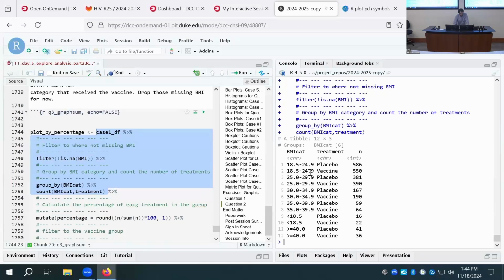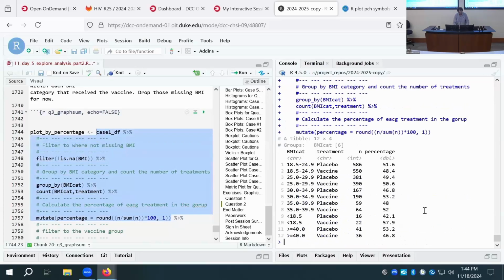And what we're going to do is, because it's grouped, we're now going to calculate the percentage. Because it's already grouped, when it does the sum over n, it's only going to sum within that group. We do that, and now we have the percentage within each of those groups.